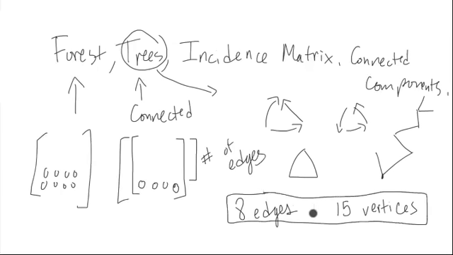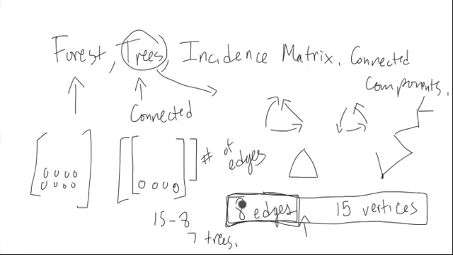Well, a forest means it has no cycles, so the number of edges, you don't have to eliminate in the columns to Smith normal form. So the 8 edges actually is the range. So the number of connected components is going to be 15 minus 8. So this particular forest will have 7 trees.